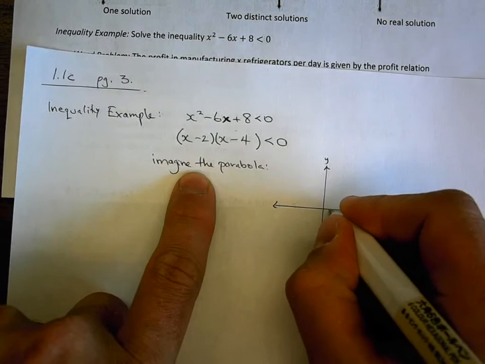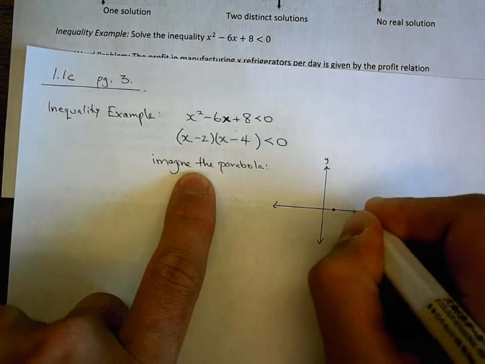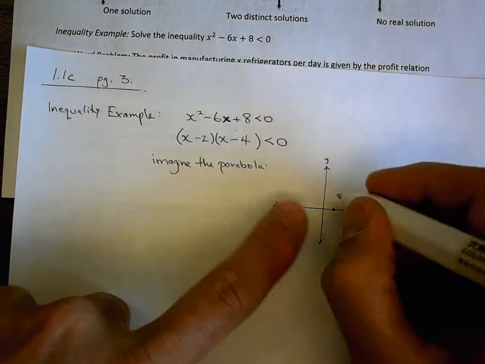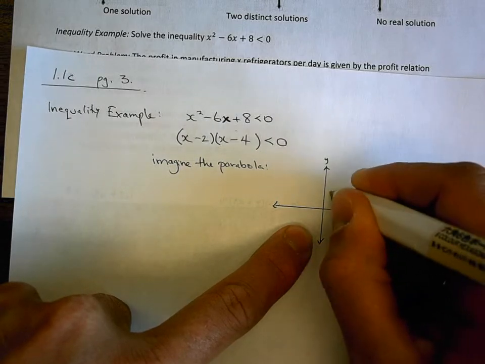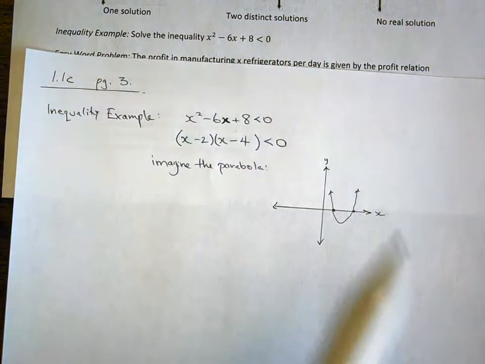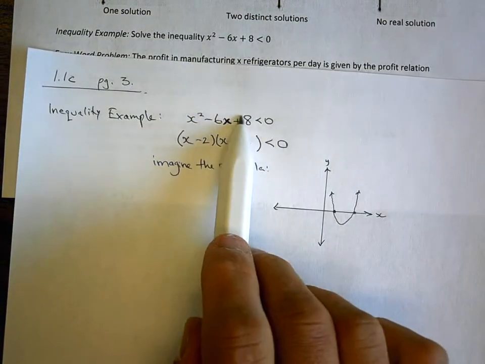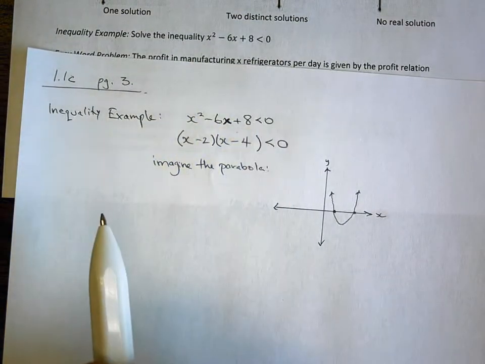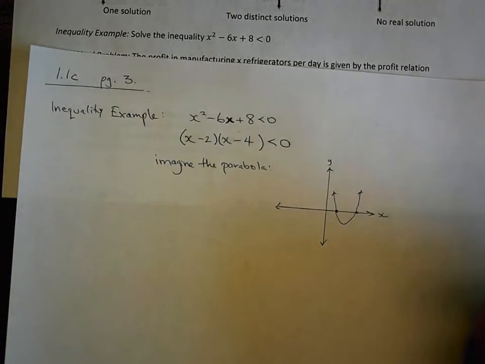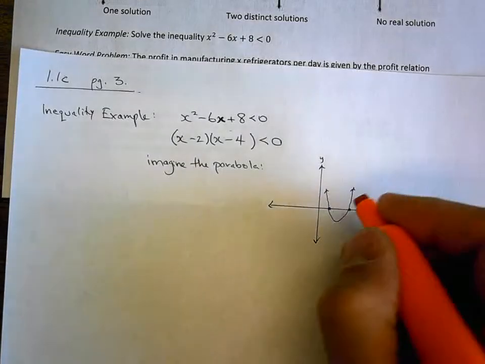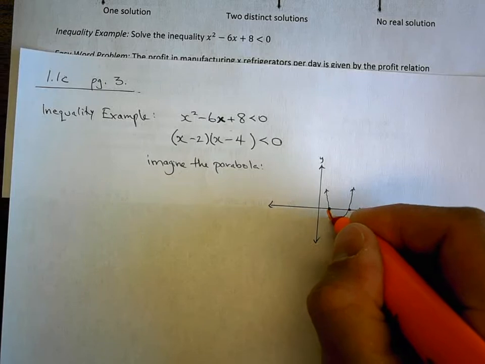We have an intercept at 2 and at 4, and it opens up, so it's going to be something like that. Now, the question is saying, when is this parabola smaller than 0? So we're really interested in the section that's smaller than 0. Well, I can tell you by looking at it, this parabola is smaller than 0 for this section here.